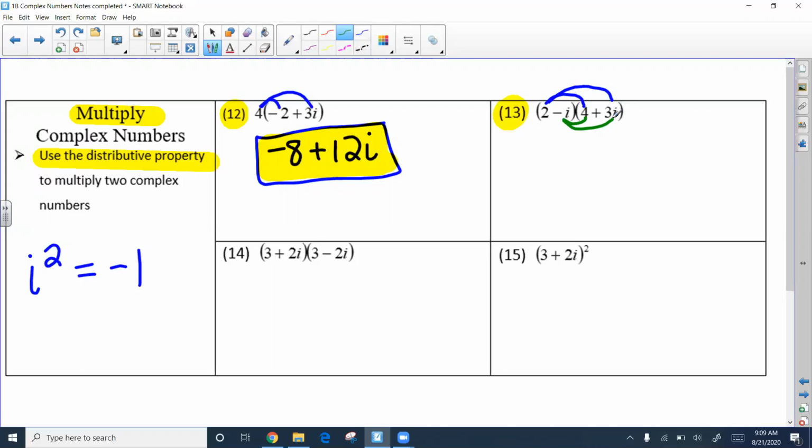Most of my students prefer to use box method just to keep our work organized. You don't have to use box method if you like the distributive property, but I'm going to show you what this would look like with the box method. So I would make a box. On one side, I'd have 2 minus i, and the other side, I'd have 4 plus 3i.